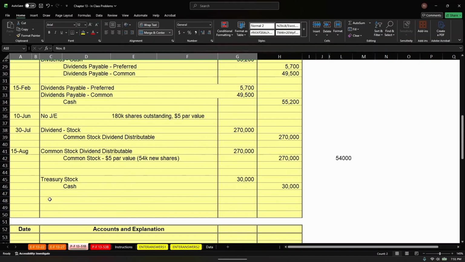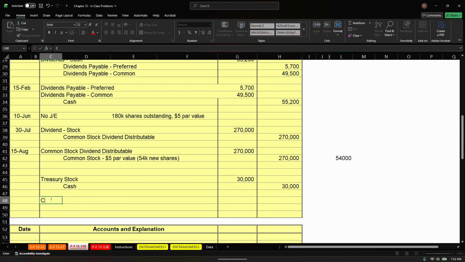So in order to do that, we know that we have cash coming in the door, and that's going to be equal to the 1,500 shares times $11 a share that we're reselling the shares for to some investor, to someone in the market. We're going to conduct our transaction for the treasury stock account at $10 per share.